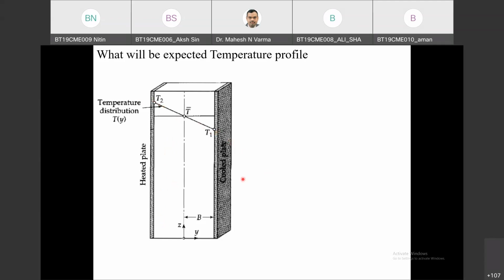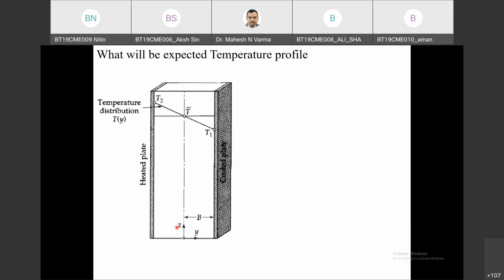So if this plate is kept at temperature T1, and this plate is kept at temperature T2, certainly I can expect some linear variation. This is my y direction, this is my z direction.